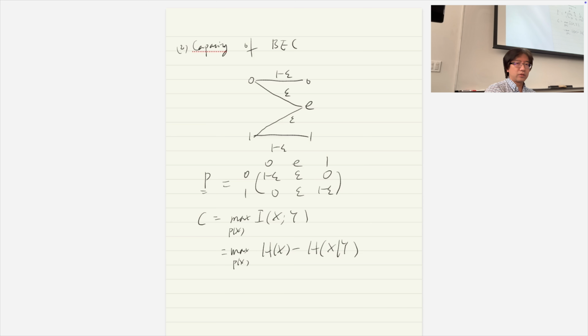Let's compute H(X given Y) first. Computing that is normally harder, so let's see how we can do it in this case. The idea is similar to before: we expand it.